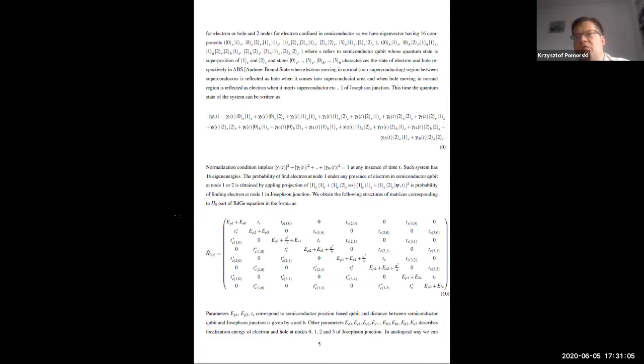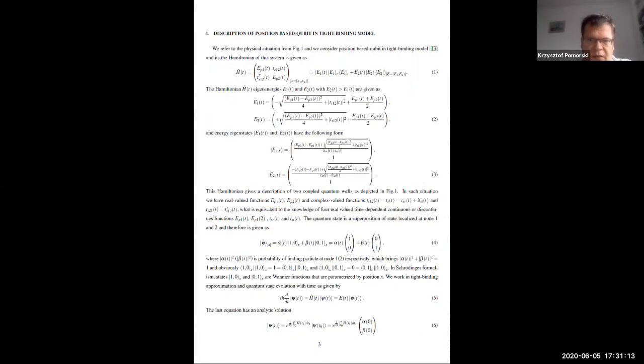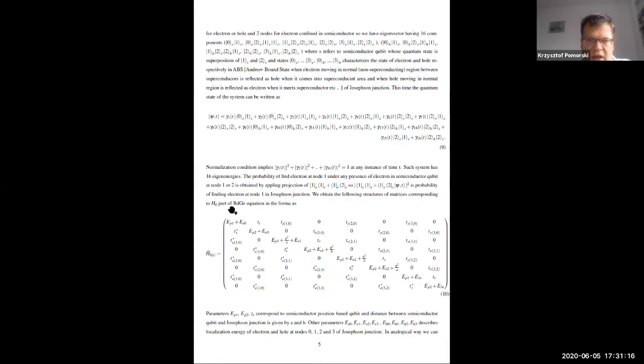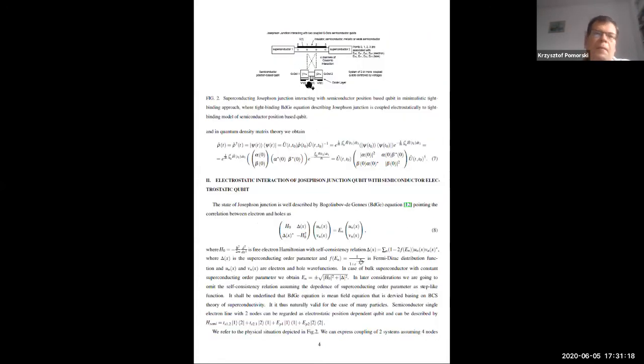And the most interesting part is the presence of the electrostatic Coulomb interaction. That's a very prominent feature. Maybe I will spend some time on its explanation. There's another trick I am using in this simplistic model under my consideration.